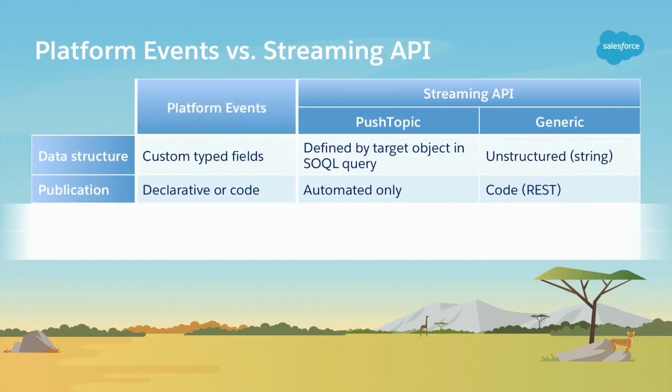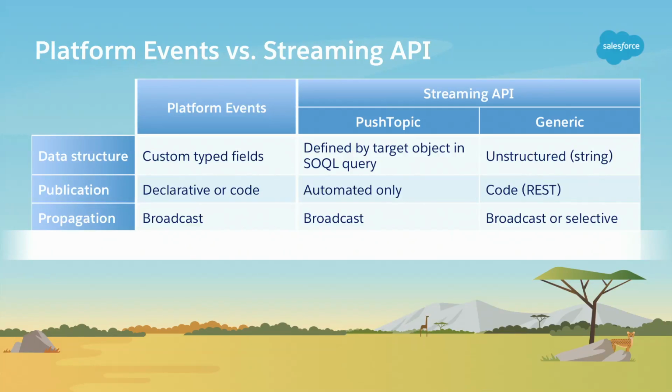And for generic, you only have the REST APIs to publish a generic topic. Then for the propagation mechanism, all of these are based on pub/sub, so they generally all support broadcast, but the generic topic has an interesting way to select only specific receivers. That's rarely used, but that's a small difference that the generic topic has.